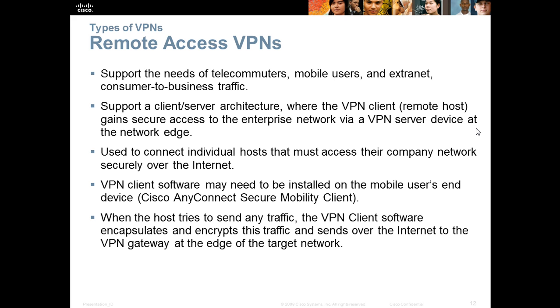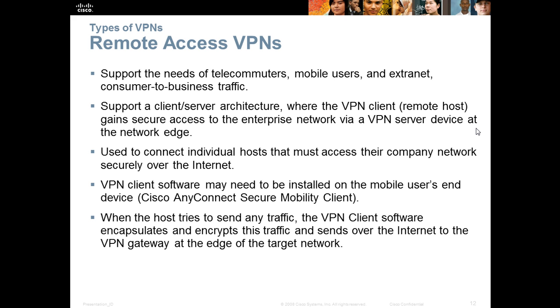Another type of VPN is the remote access VPN, which supports the needs of telecommuters, mobile users, and extranet consumers. A remote access VPN supports a client-server architecture where the VPN client, or remote host, gains secure access to the enterprise network via a VPN server device at the network edge.